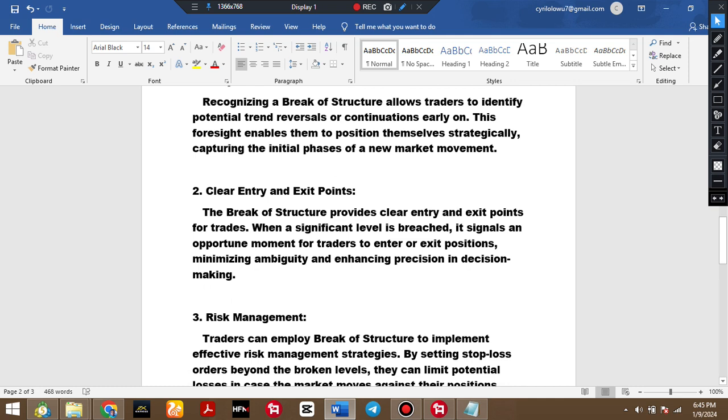The break of structure provides clear entry and exit points for traders. When a significant level is reached, it signals an opportune moment for traders to enter or exit a position, minimizing ambiguity and enhancing precision in decision making.